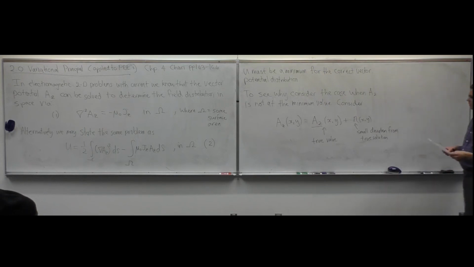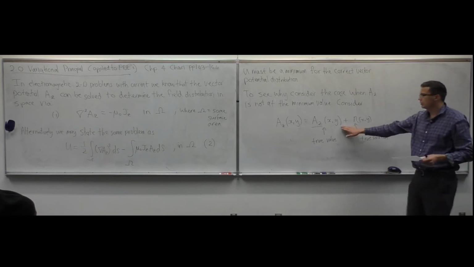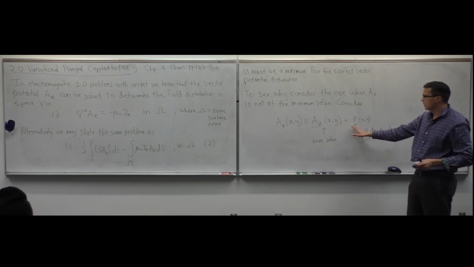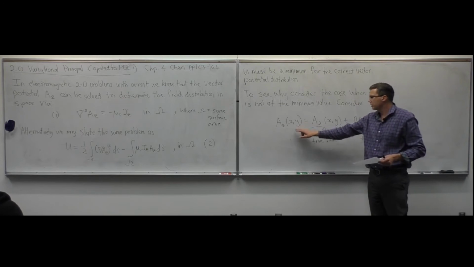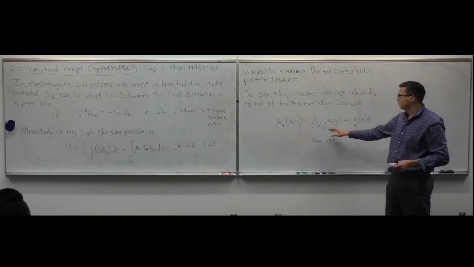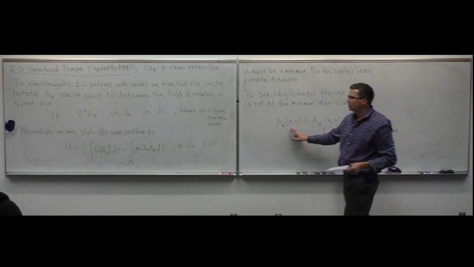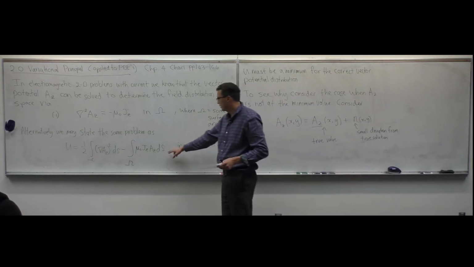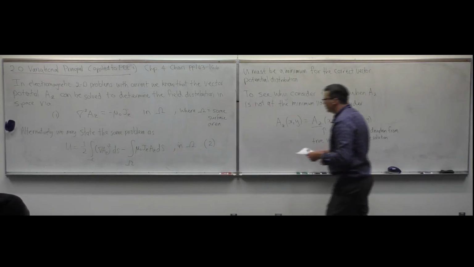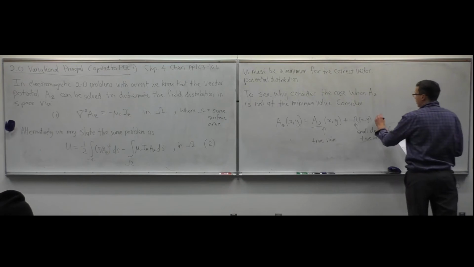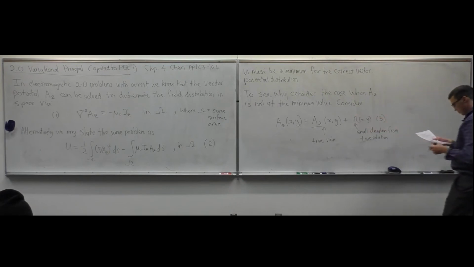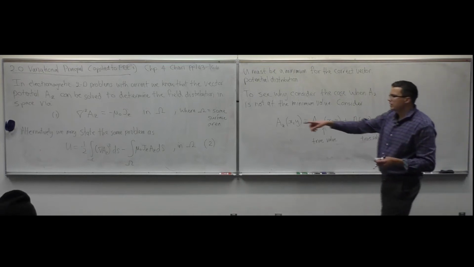So this is the true solution. Now we're saying, let's put in a value that's not quite the true solution. If we put this value into here, let's see what happens. We'll substitute 3 into 2. We need to look at the first part, which is del AZ.